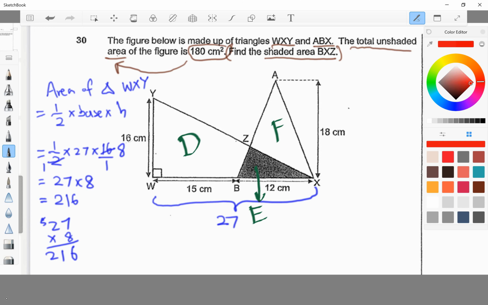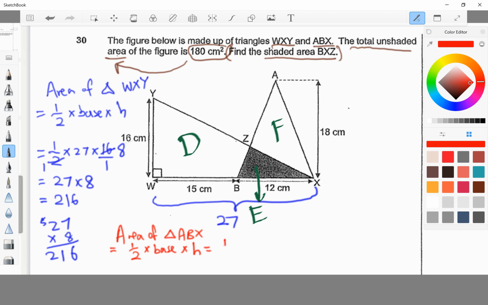Next step. I shall use red color to illustrate the area of triangle ABX. And that is also half times base times height. I have to ask myself, what is the base?